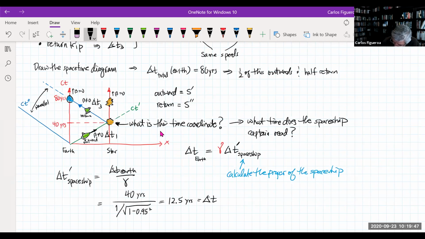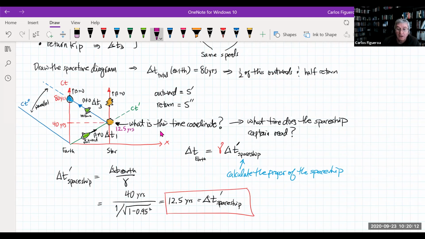This is what the spaceship reads when it gets to that star, which is the prime. So that coordinate system at this point should read 12.5 years.